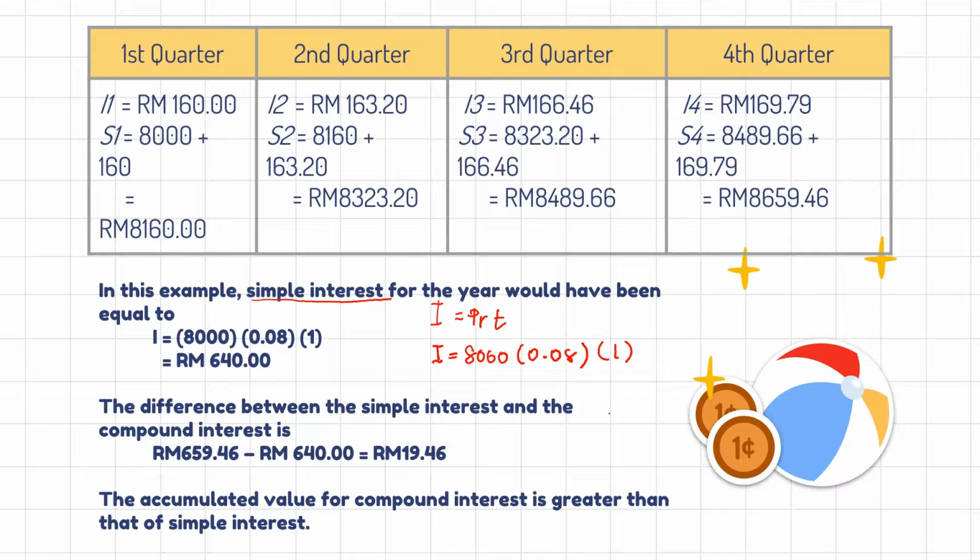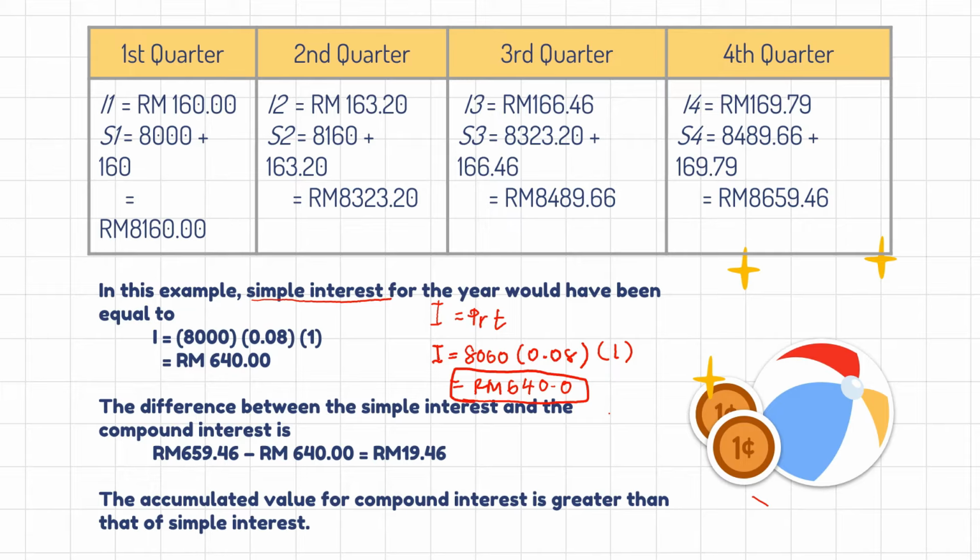You press your calculator and you will get the total interest that you will get in 1 year is RM640. This is the interest if the question is for simple interest rate.